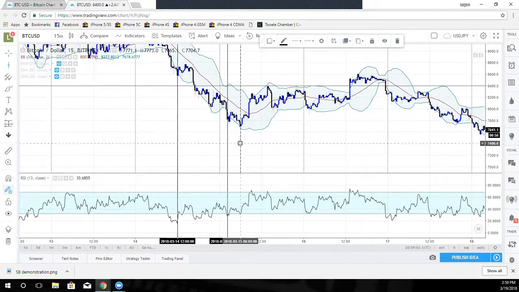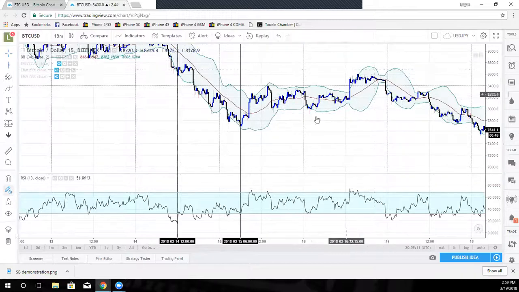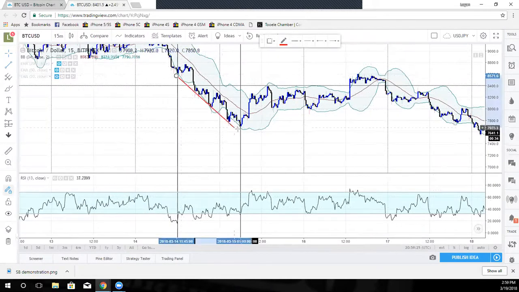So it even goes as far as over here. This is a whopper. So we see downtrend, downtrend, downtrend, downtrend. And on the RSI, it's oversold, but it's going in an uptrend. So look at that. We have perfect divergence there. Perfecto.